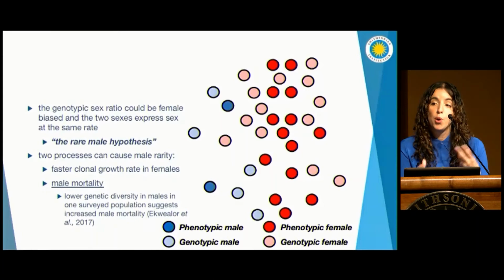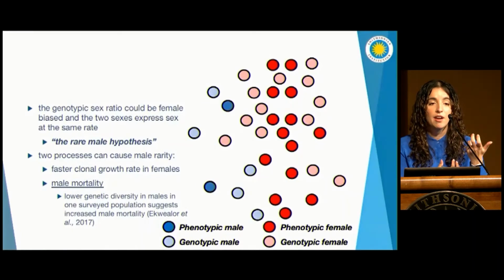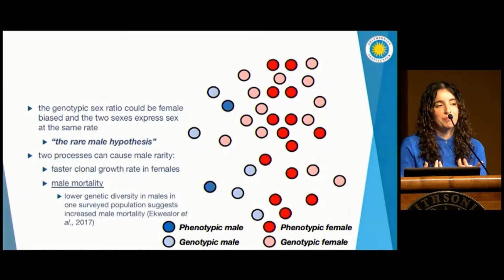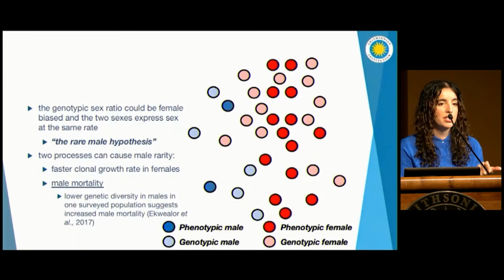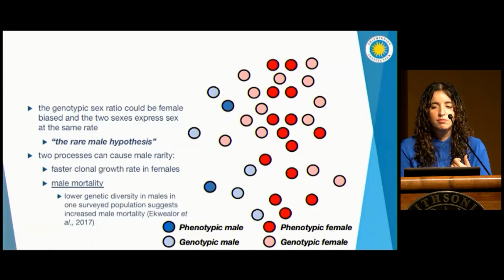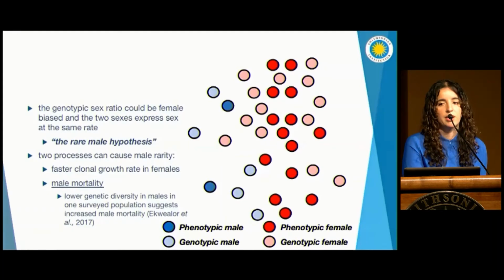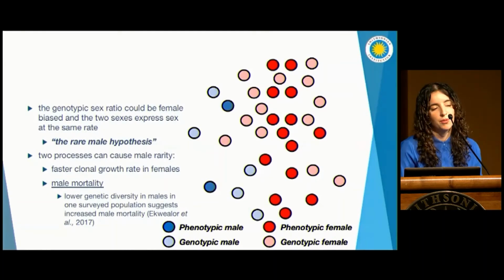But we have evidence of both of these processes, and so far what we're learning is that every population might have a different combination of these processes, and it really seems to be a result of historical factors plus environmental factors, and so there's a lot more work to tease these apart.